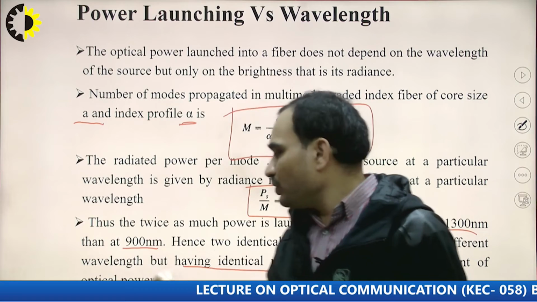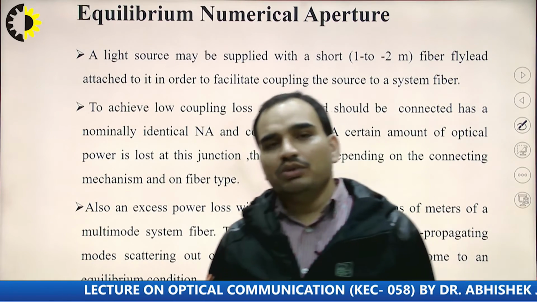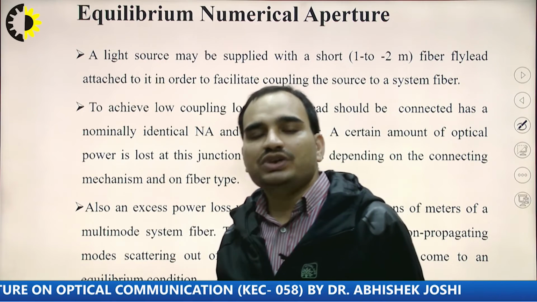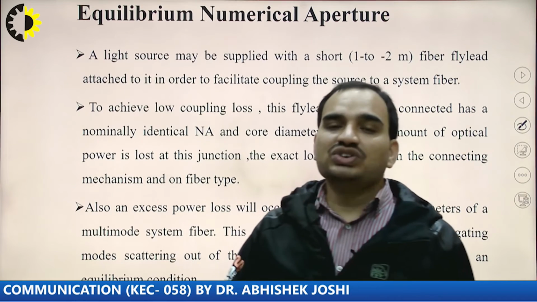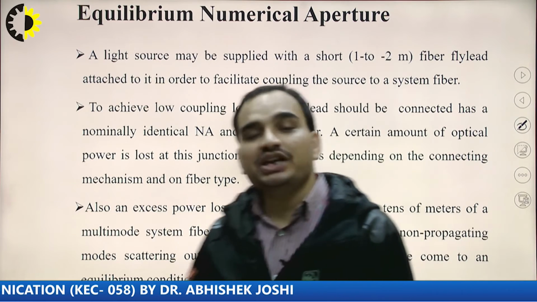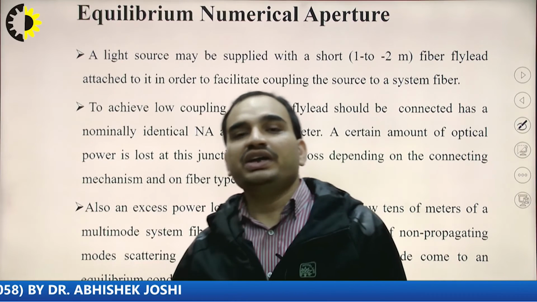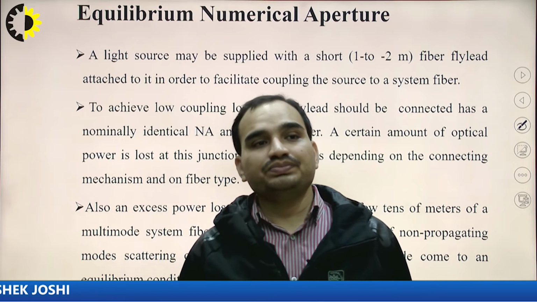Now, equilibrium numerical aperture. We know that the numerical aperture of the core is different, the numerical aperture of the source is different, even the coupling medium has some numerical aperture, and the numerical aperture varies with respect to the length also.